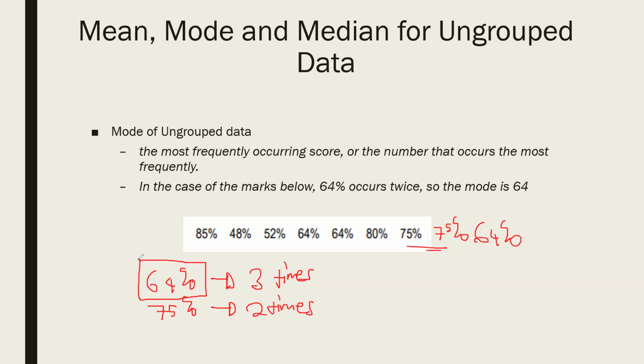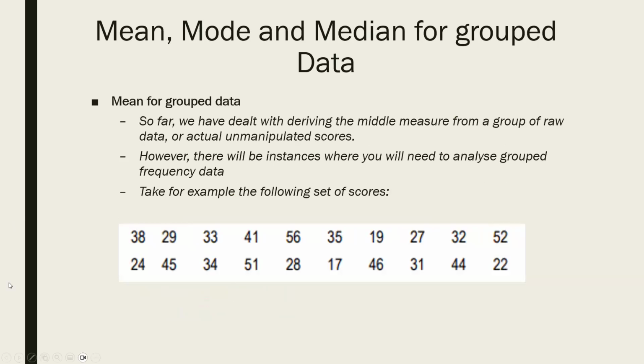If all of them are repeated the same number of times, like in the previous example where all of them were repeated 2 times, then it's a multi-mode answer. But if one of them is repeated more than the others, then those other ones are discarded. So that is another scenario there. These are rare cases, but I said we need to cover them in case they come.